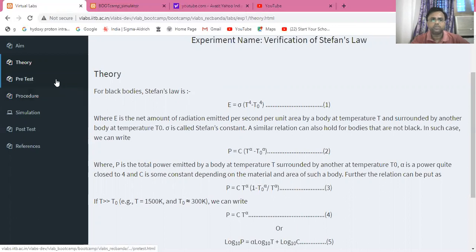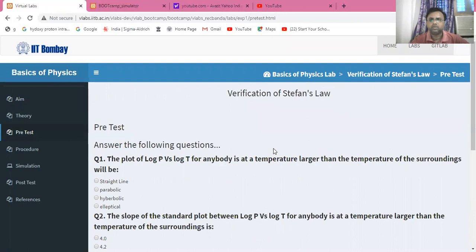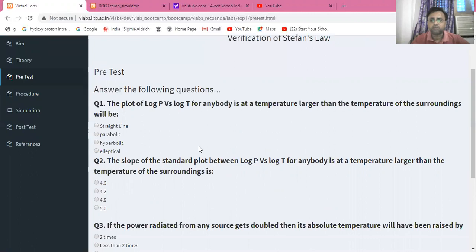Next is the pre-test. The pre-test gives simple questions and answers where we can check our theory knowledge. Suppose the plot of log P versus log T, that is, log of power versus temperature, for a body at a temperature larger than the temperature of the surroundings, what will it be?